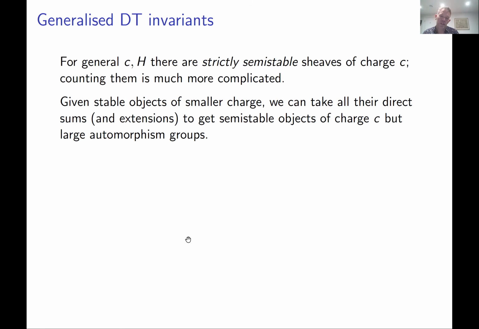And so here's one way you get semi-stable sheaves: you could take stable objects of smaller charge and take their direct sums and extensions to get semi-stable objects of the original charge. And these have larger automorphism groups. You can think of this process as some kind of plethystic exponential, where you're replacing some bundle E of smaller charge by maybe E plus E. And E plus E has some symmetries, right?